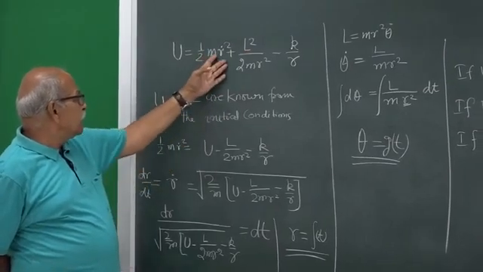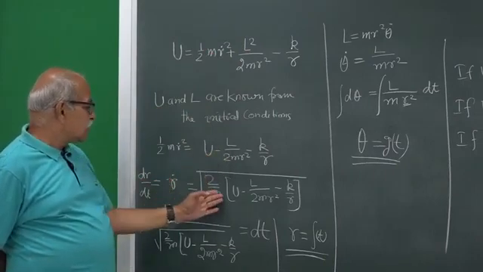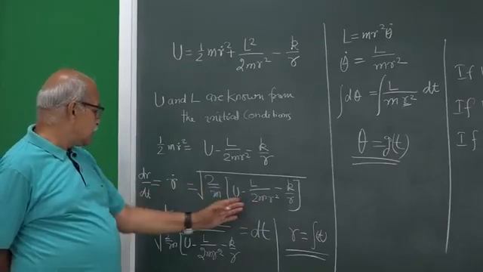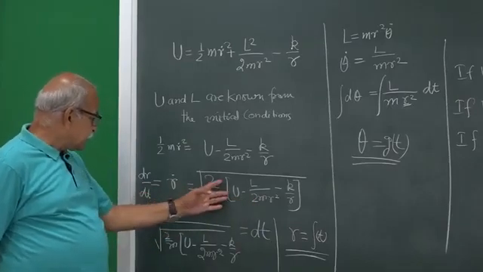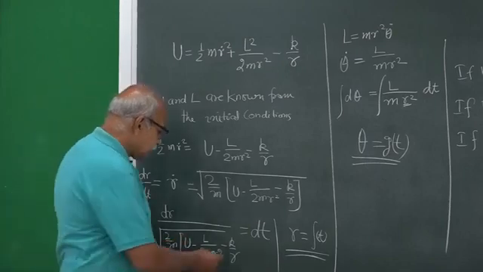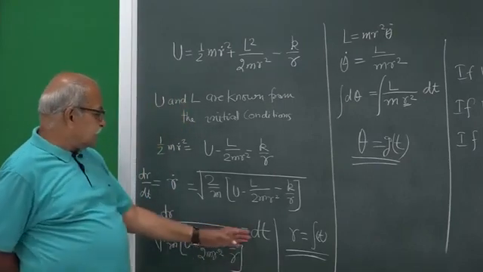You write m r dot square from here, and from there r dot, and that becomes a function of r only, and therefore, in principle you can bring this side, it is a function of r, and that can be integrated with respect to r, and this side is t.